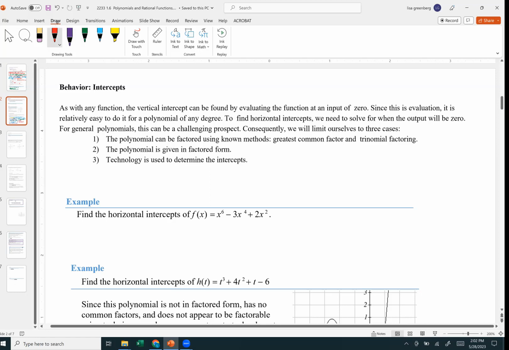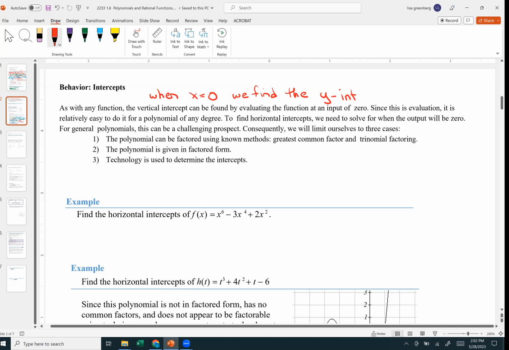So in layman's terms, when x equals 0, we find the y-intercept. And of course, we call it vertical and horizontal because the axes are not always called x and y.